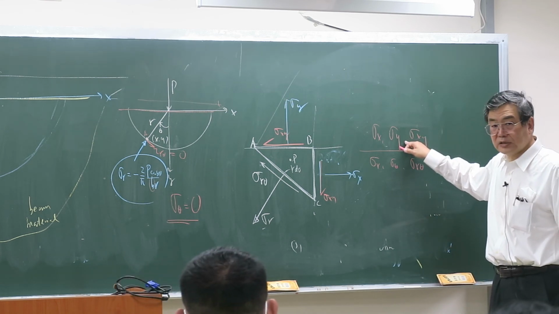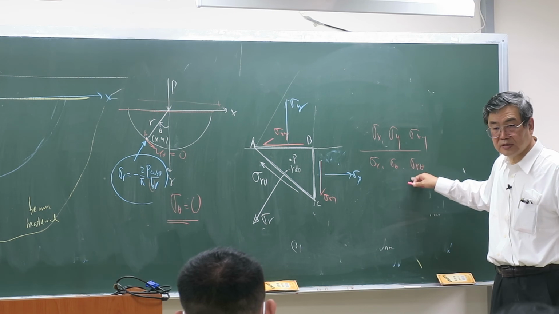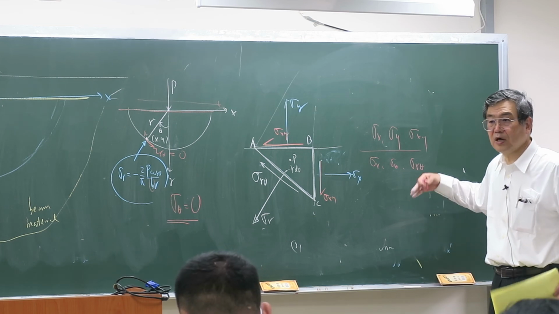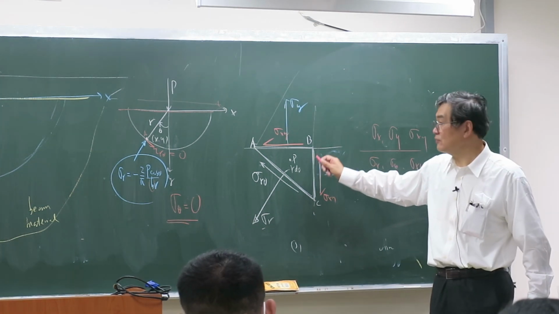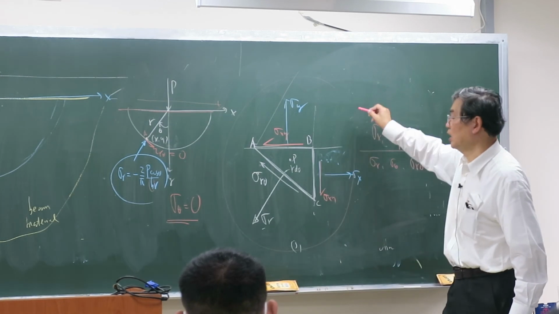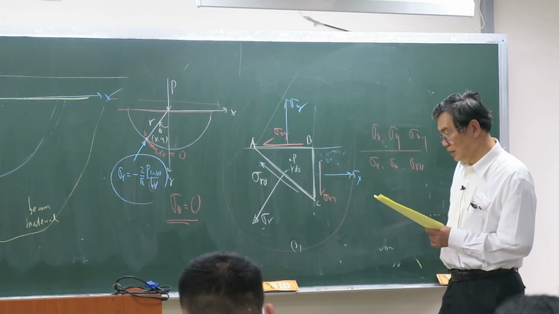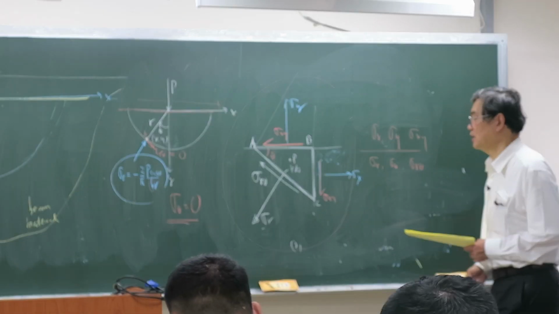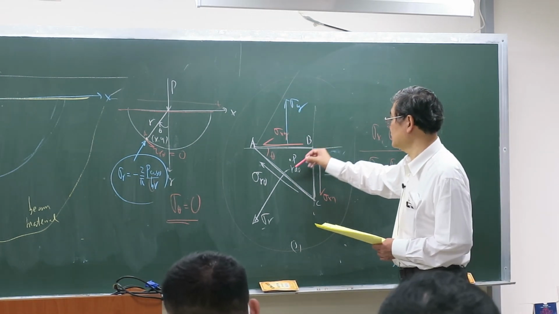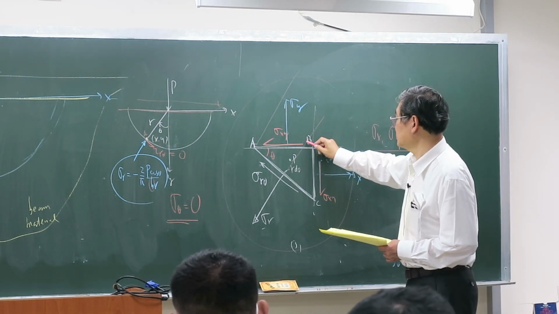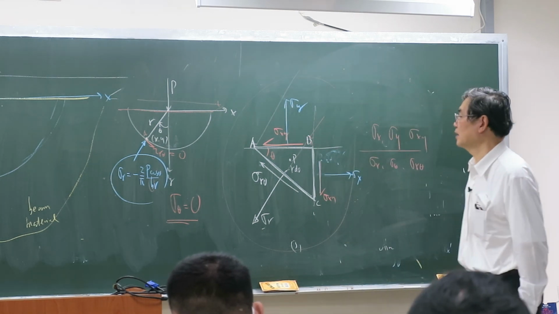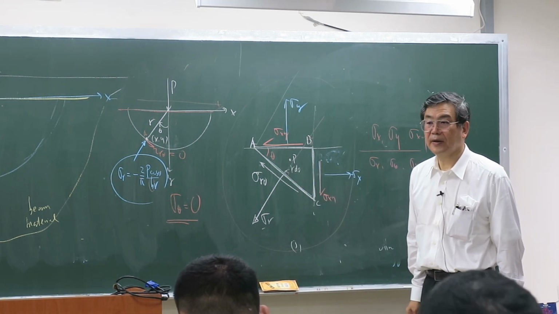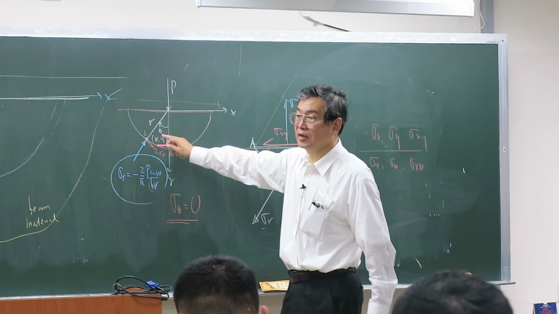In the Cartesian coordinate system, the stress, and this in the polar coordinate system stress. So how do we do it here? Just from the equilibrium of this figure. From this figure, this angle is theta, so this triangle has angle theta.